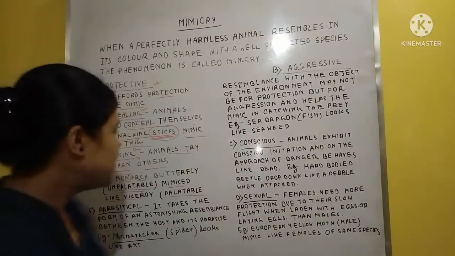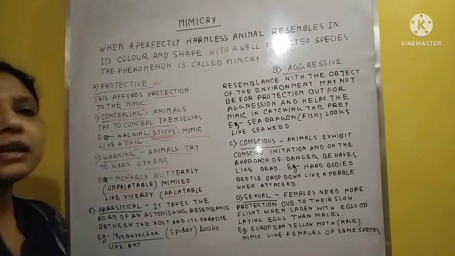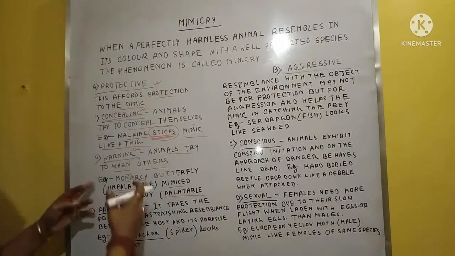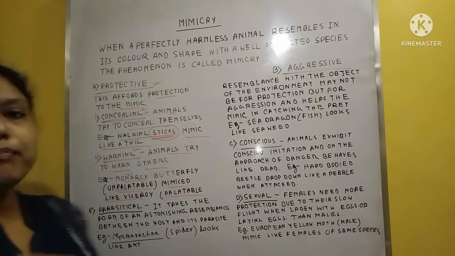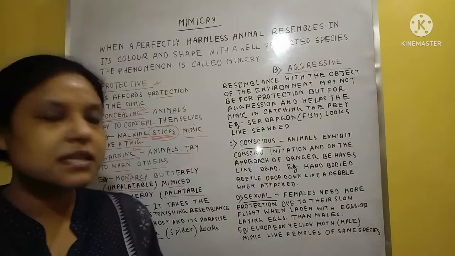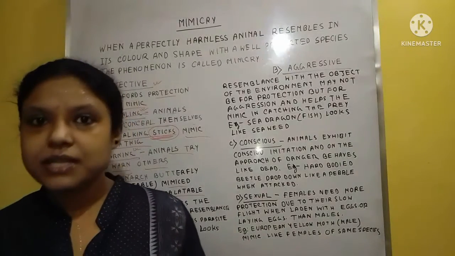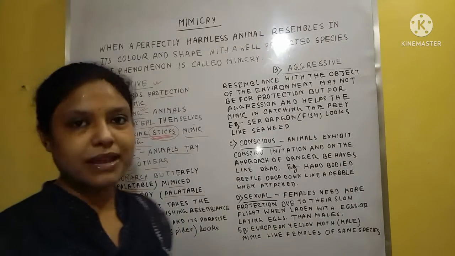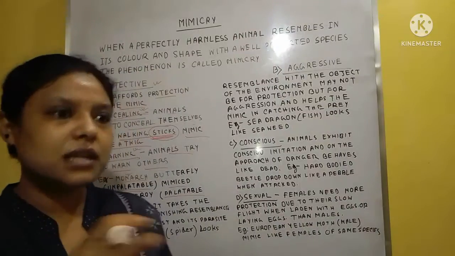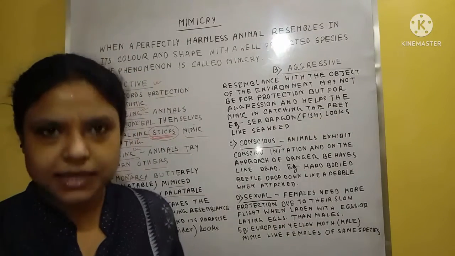You may think how is that possible, the unpalatable one looking like the palatable one? There is a risky situation. Obviously birds cannot understand which one is palatable and which one is non-palatable, and they may attack the non-palatable one as a palatable butterfly.